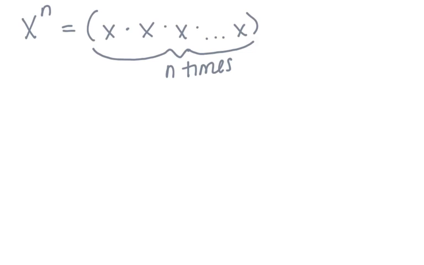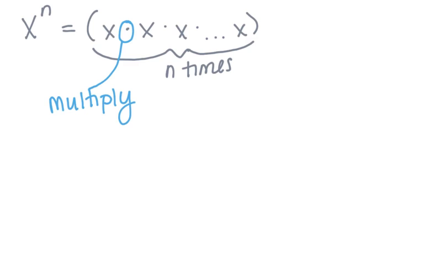And the dot means to multiply. We are using dots because we also are using the letter x, and that would get a little confusing. And then under it, I have the little squiggly that says n times. This just tells us that we are going to be multiplying x by n times.